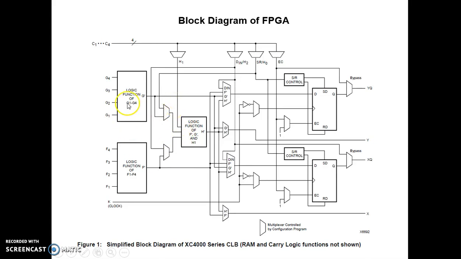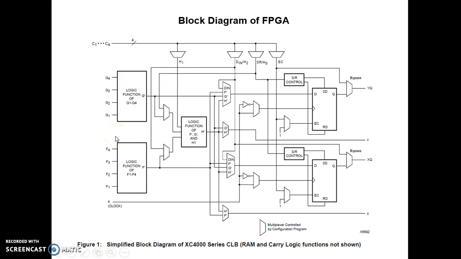Two 4-input function generators F and G offer unrestricted versatility. Most combinational logic functions need 4 or fewer inputs.